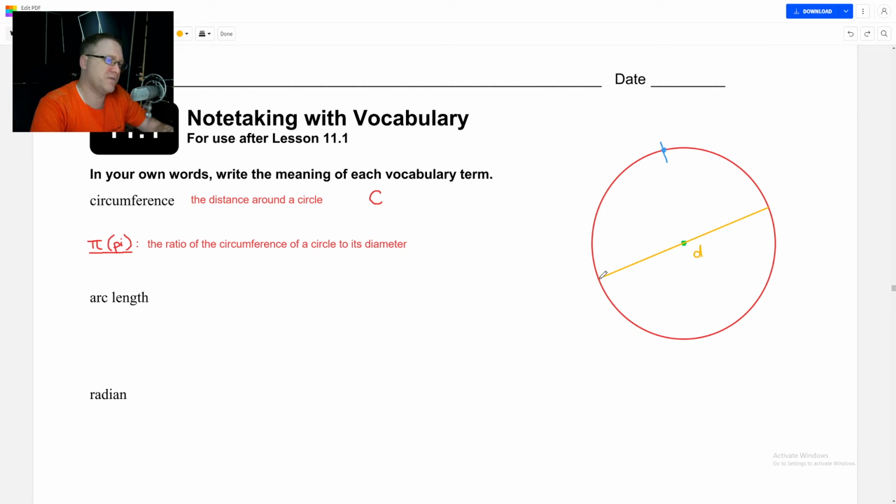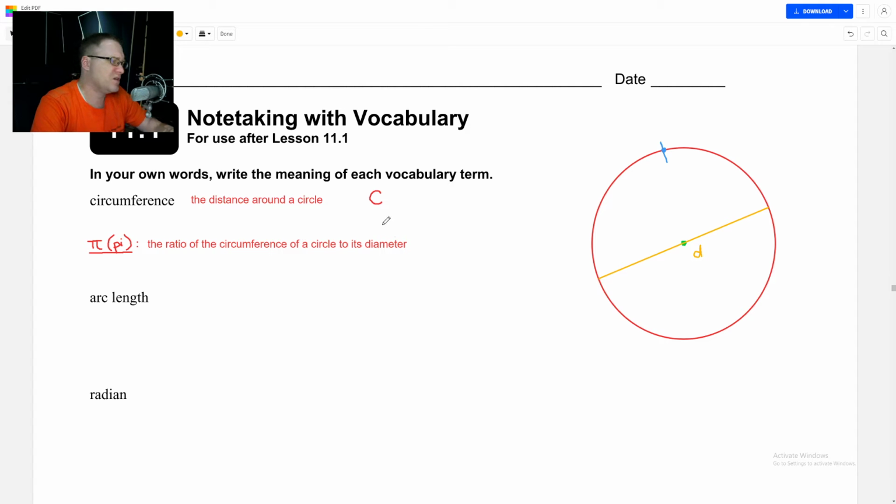All right, so the length from here all the way to here is called d. That is the diameter. So pi is the ratio of c, the distance around the circle, the circumference, and d, the length from here to here going through the center.